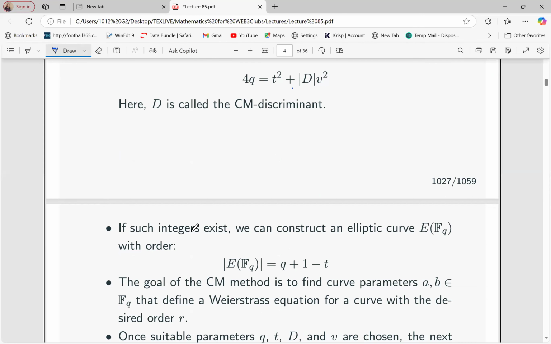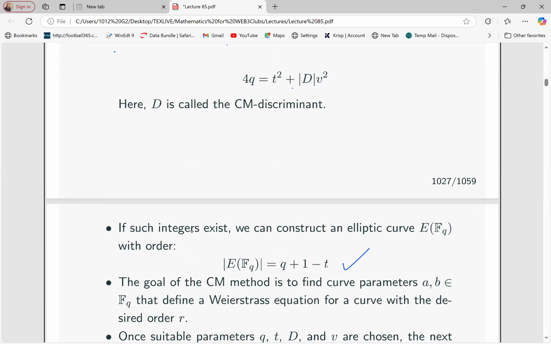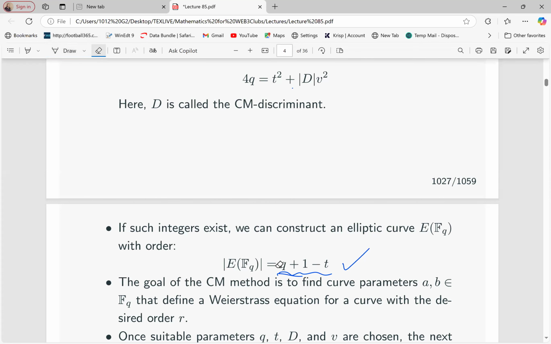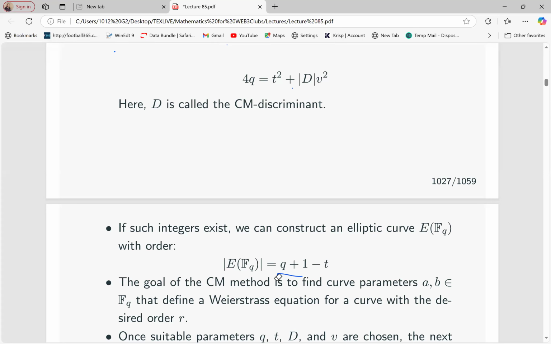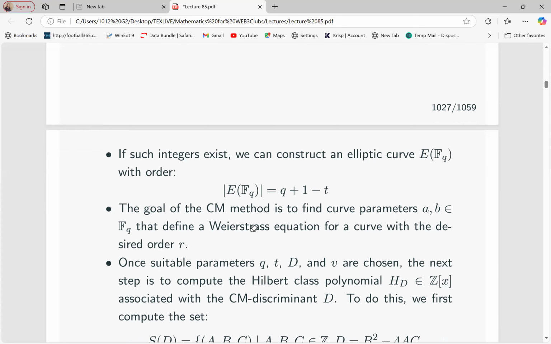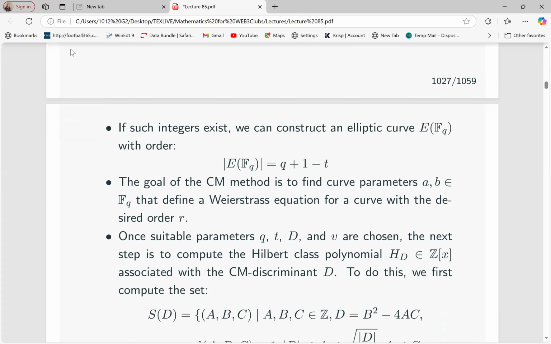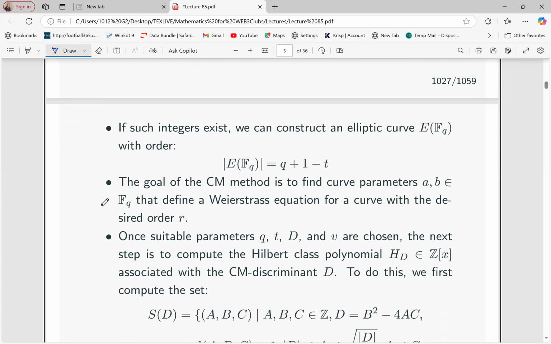Now, this is just a repetition. We've already said that the order of the elliptic curve that is formed is supposed to be approximately 9aq plus 1 minus t. So there are just a few things we look at, and then we go to the example. We began by choosing q.